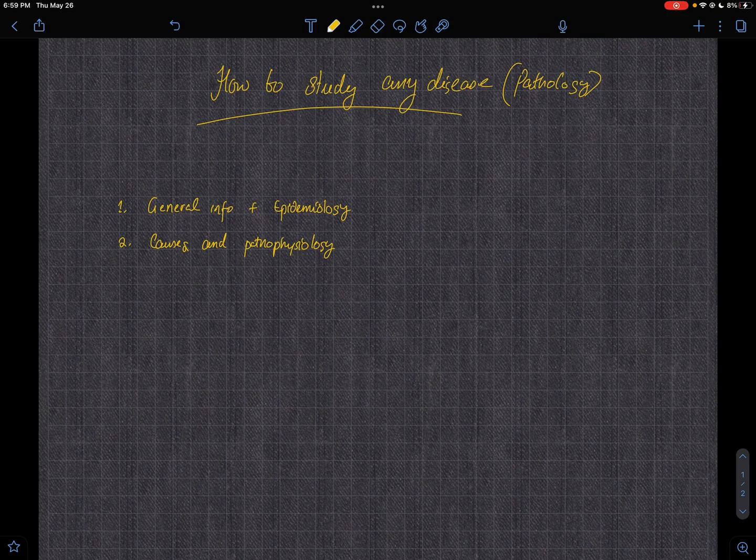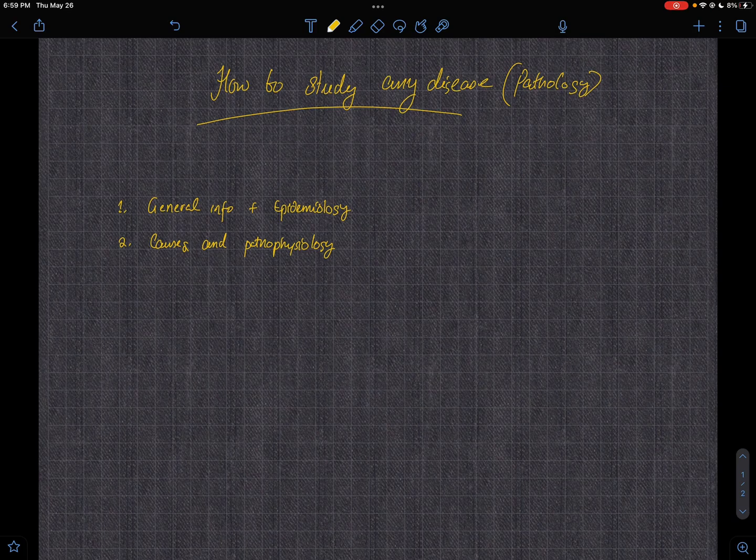And once we understand the causes and the pathophysiology, I can give you an example. For example, in epidemiology, let's talk about Wilms tumor. Wilms tumor is the most common malignancy in the kidneys in children, right? So you would write that down because that's an epidemiologic fact. Another example would be lung cancer.